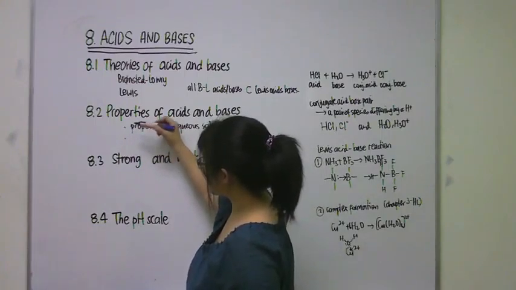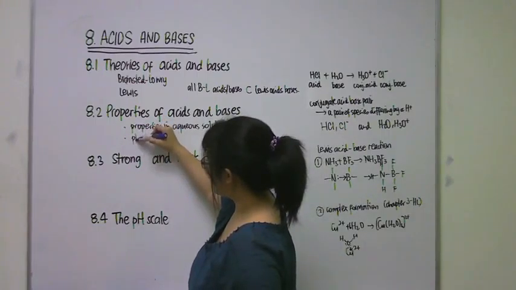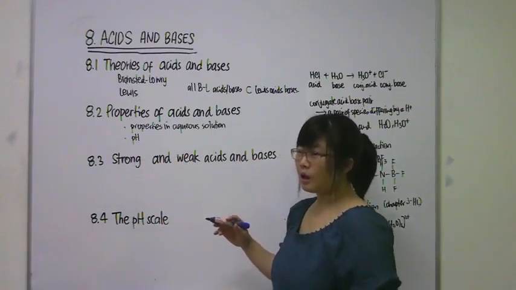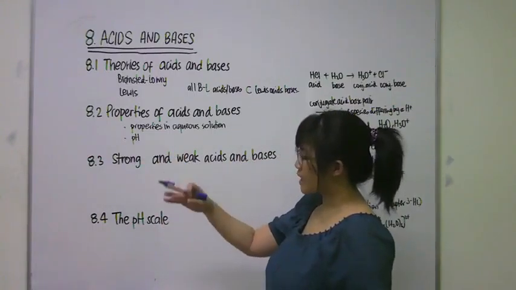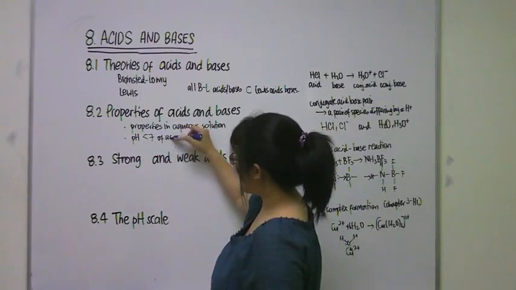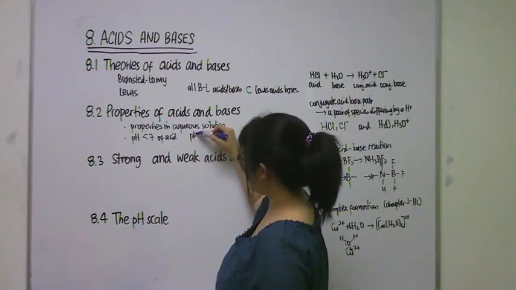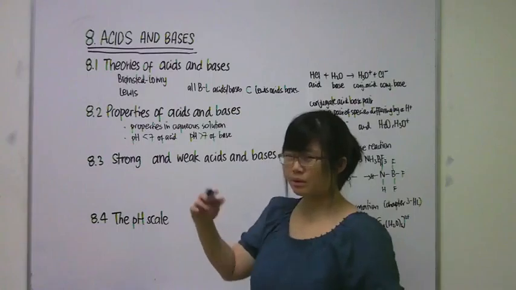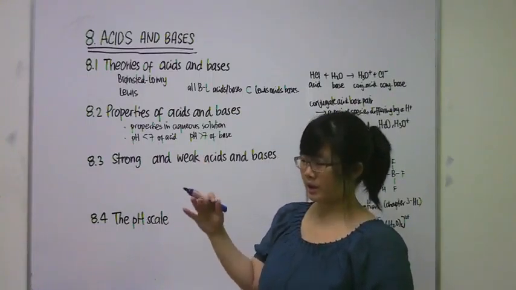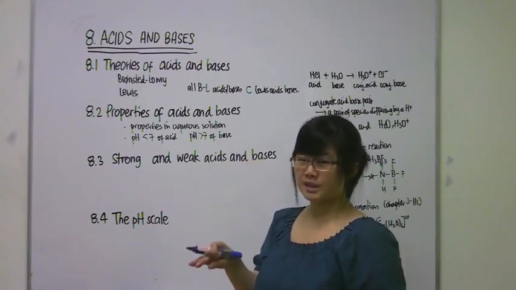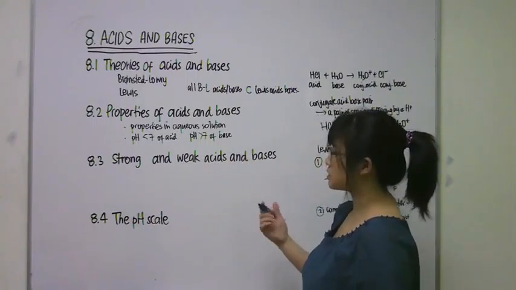And you also need to explain about the pH. For example, this one is only for SL. So we can say that the pH of acid is less than 7, and for base is greater than 7. But later we will learn in the HL part that 7 is only for 25 degrees Celsius. Okay, so for SL this is sufficient.